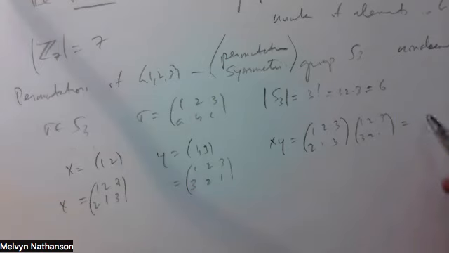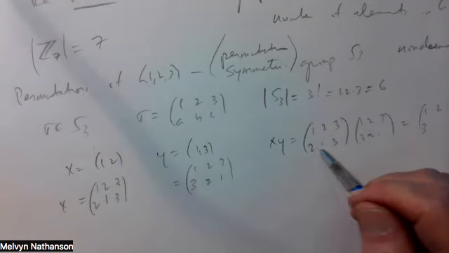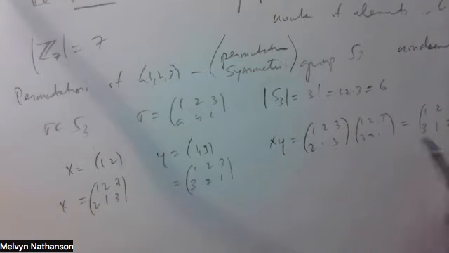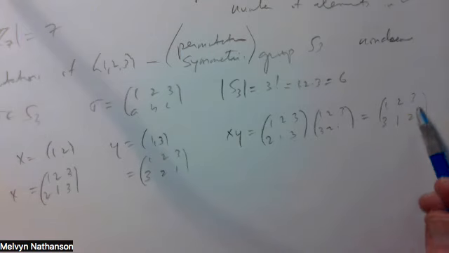So this is composition of functions. 1 goes to 3, goes to 3. 2 goes to 2, goes to 1. 3 goes to 1, goes to 2. So XY is the permutation that sends 1 to 3, 2 to 1, and 3 to 2. If you were to write this as a cycle, it's the cycle 1 goes to 3, goes to 2, goes back to 1.